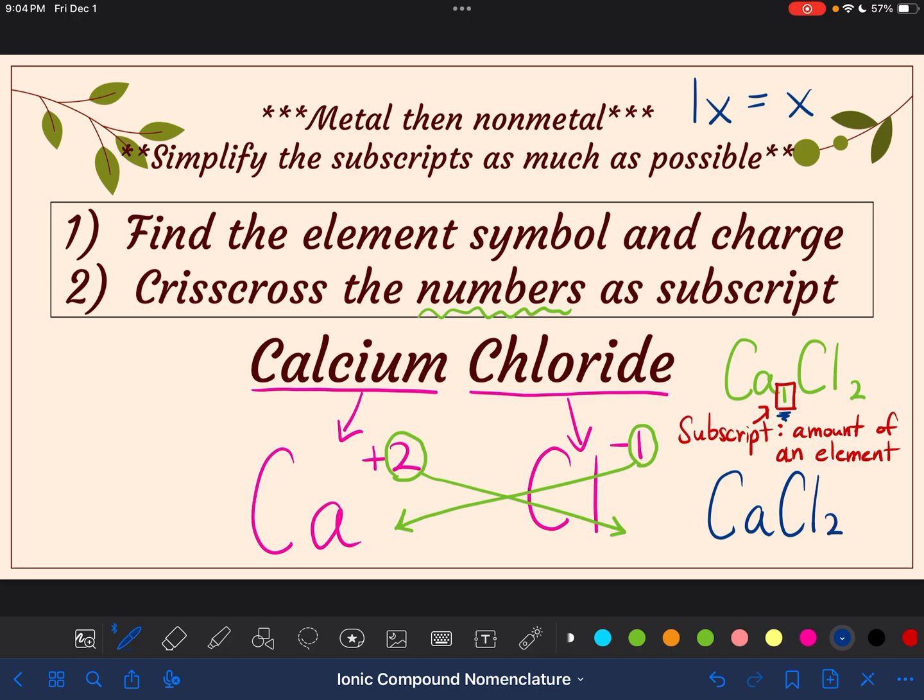So normally in chemistry, we would write it as CaCl2. And there you go. I know that was quite a lot, but if you don't understand it, rewind and look over this one more time in order to understand it more. Okay?